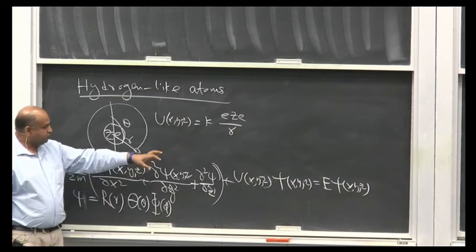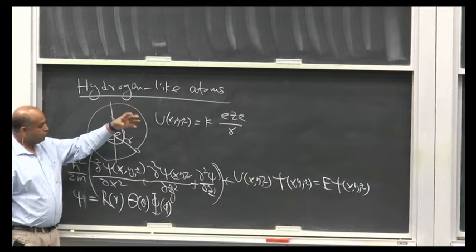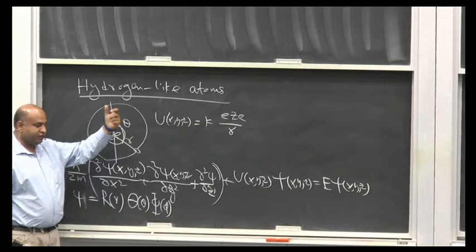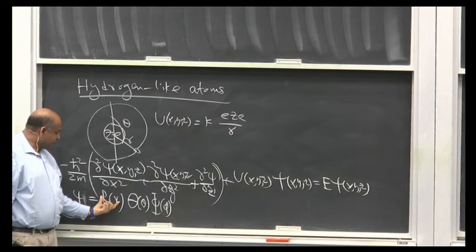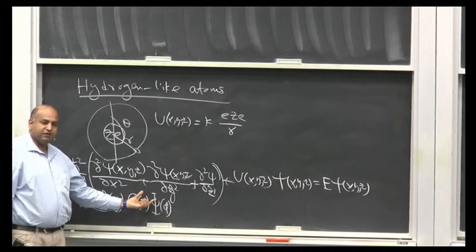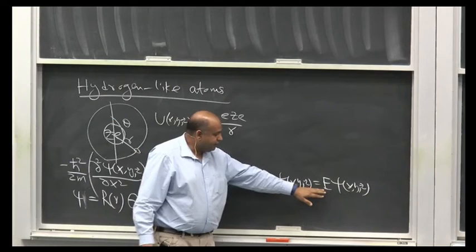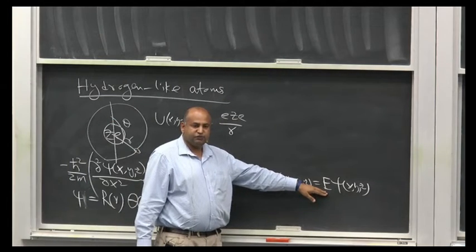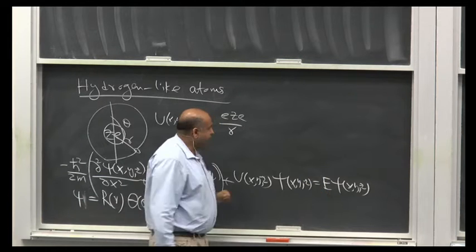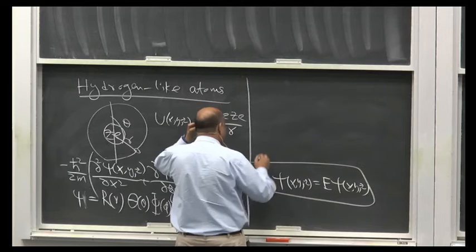So you put into this, you separate variables, and you get 3 equations. You solve those 3 equations, and you find these radial, azimuthal, and phi dependent parts of the wave function, and along the way you also find the expression for the energy. And when you solve it, you get this.